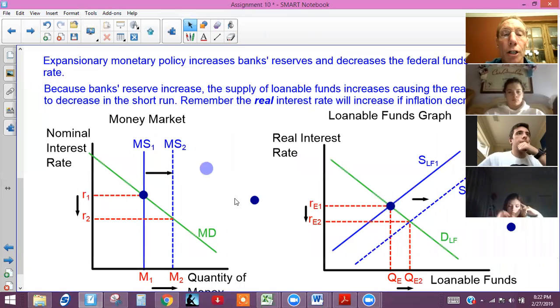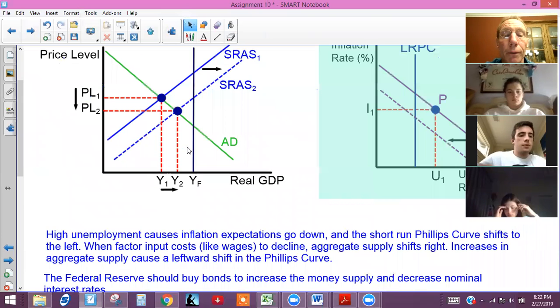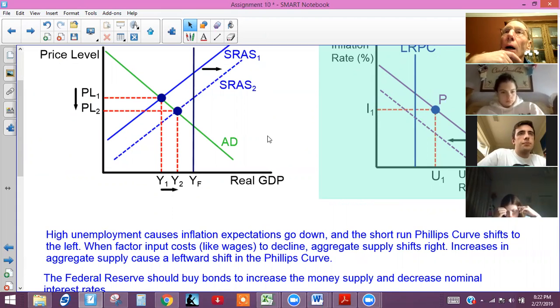So if the discount rate goes up, then it's going to shift the aggregate demand to the left. Now, why is that? Well, let's think about that. If the discount rate goes up, it's harder for banks to borrow money. So there's going to be less investment. I think the key is in investment, but I'll have to look into that some more.